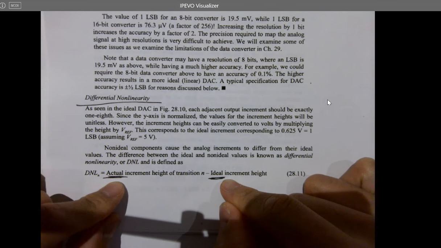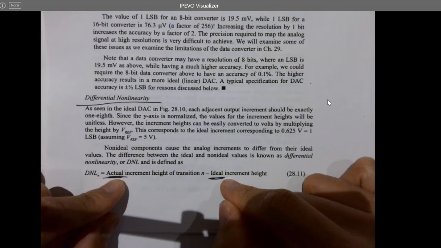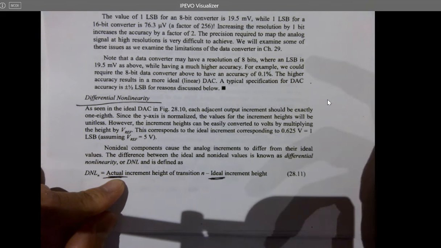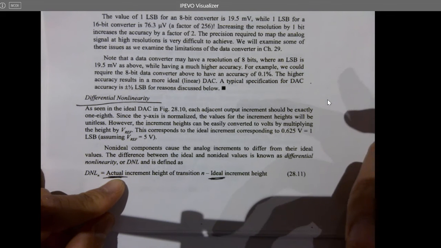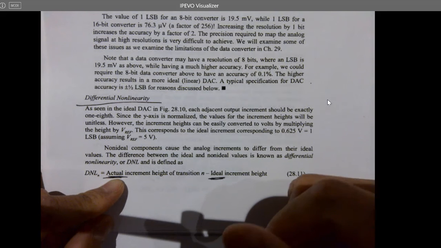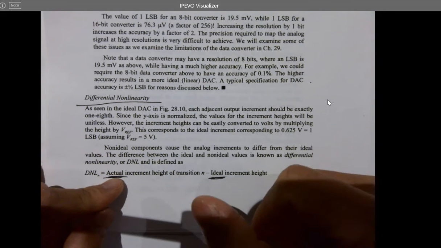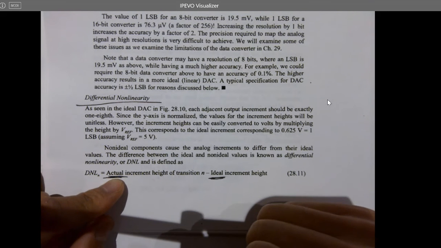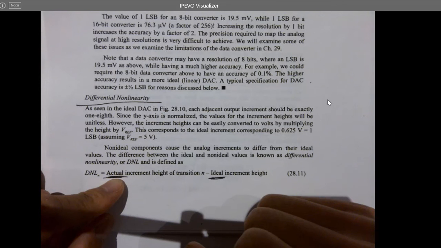So for the DAC, think about it. Ideally, what's the increment height for every single digit? For a DAC, you have digital input and analog output, right? If I change the input from 001, if it's a 3-bit DAC, to 010, there's a 1 LSB increment.